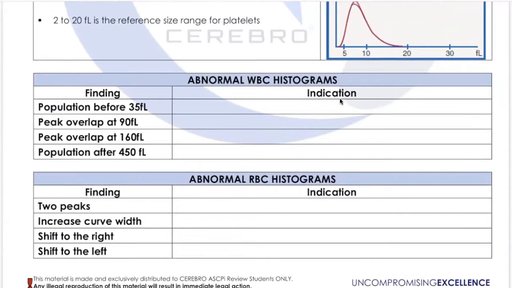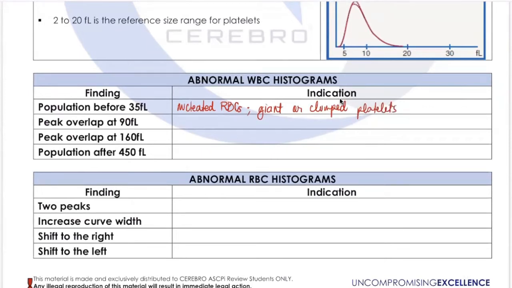Okay, so first for our WBC histogram. If you have a population before 35 femtoliters, usually this indicates the presence of nucleated red blood cells, or the possible presence of giant or clump platelets.